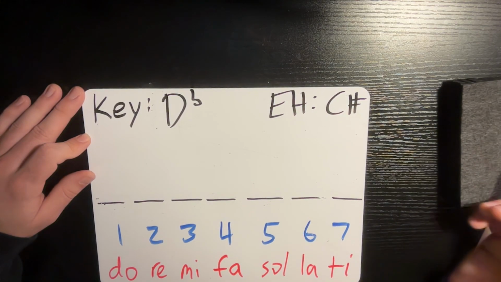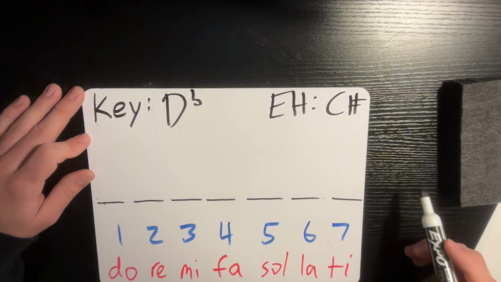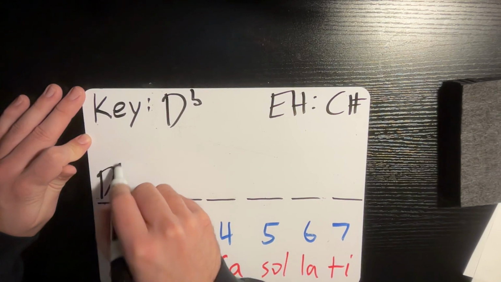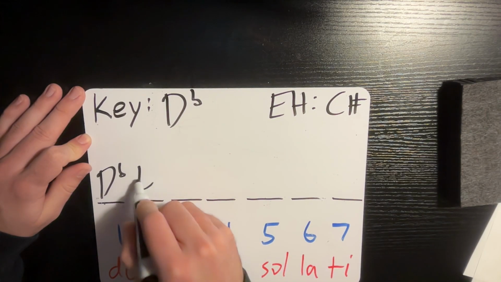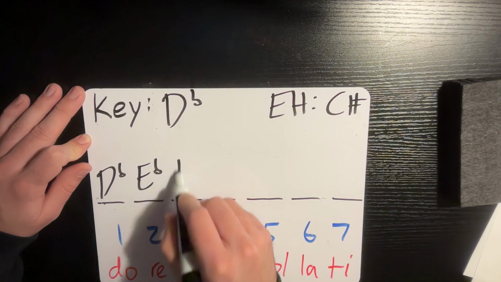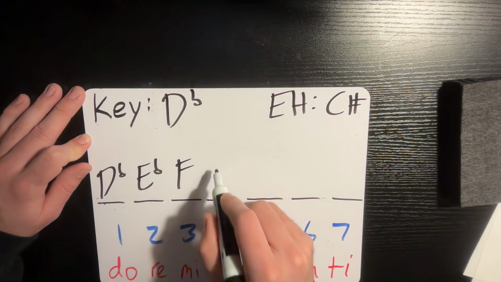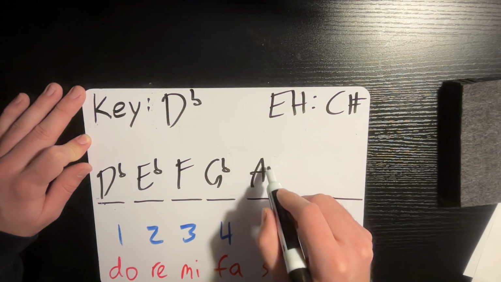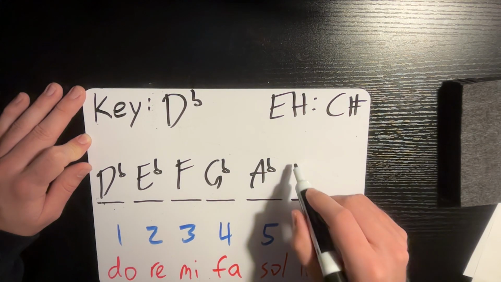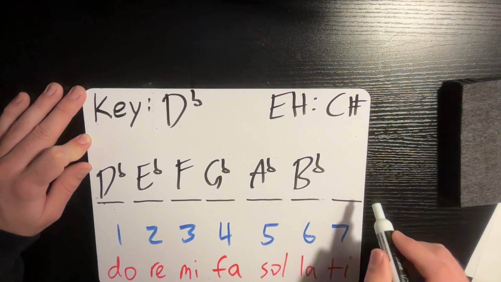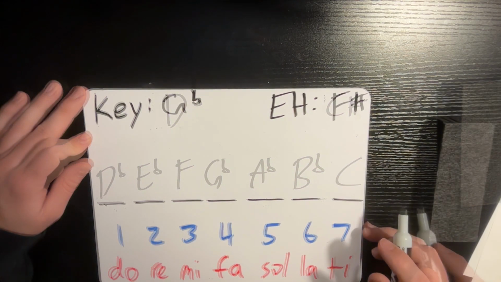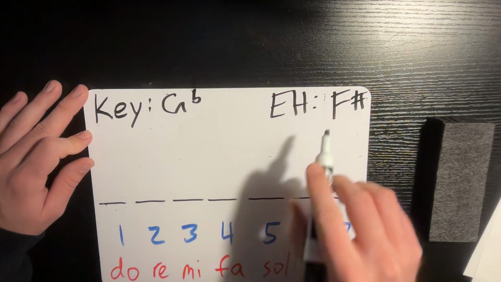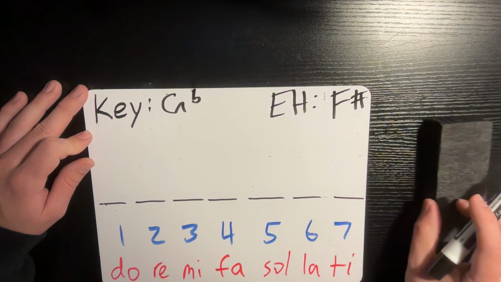Either way, we have to talk about the D flat major scale. We need to write it out. D flat, E flat, F, G flat is our new flat in this key, A flat, B flat, and C. All right, the G flat major scale, enharmonic with the F sharp major scale.